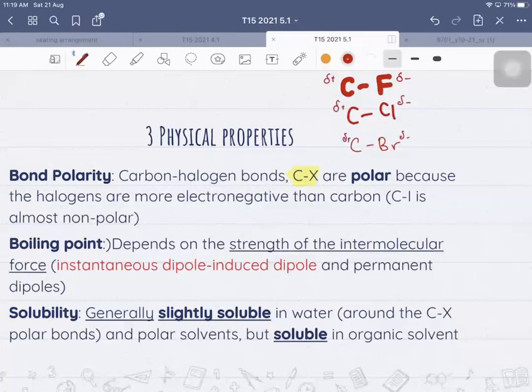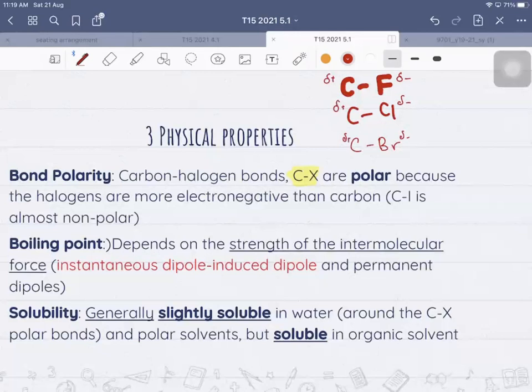Now, carbon-iodine is non-polar. The reason is because iodine has a very low electronegativity that it may be similar to your carbon. Okay, the electronegativity value of iodine may be similar to carbon, so we treat them as non-polar.